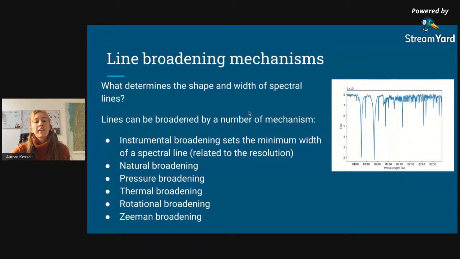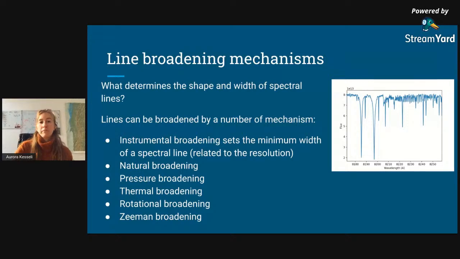I'll go through some of the main line broadening mechanisms, tell you where they're important, and show you some spectra that have these different mechanisms. Before we start with anything physical to the star, it's important to remember that the broadening of the instrument sets the minimum width of the spectral line. The resolution of your instrument sets how broad a line you can actually resolve.